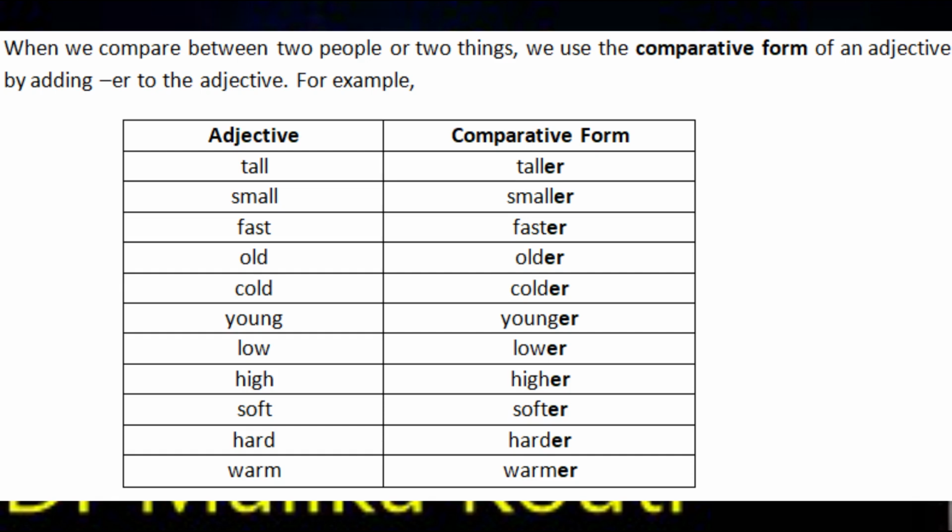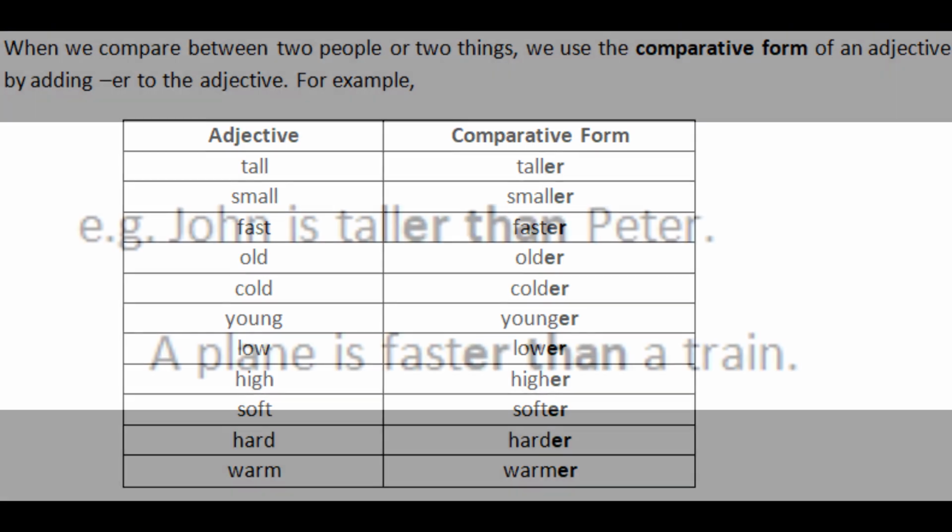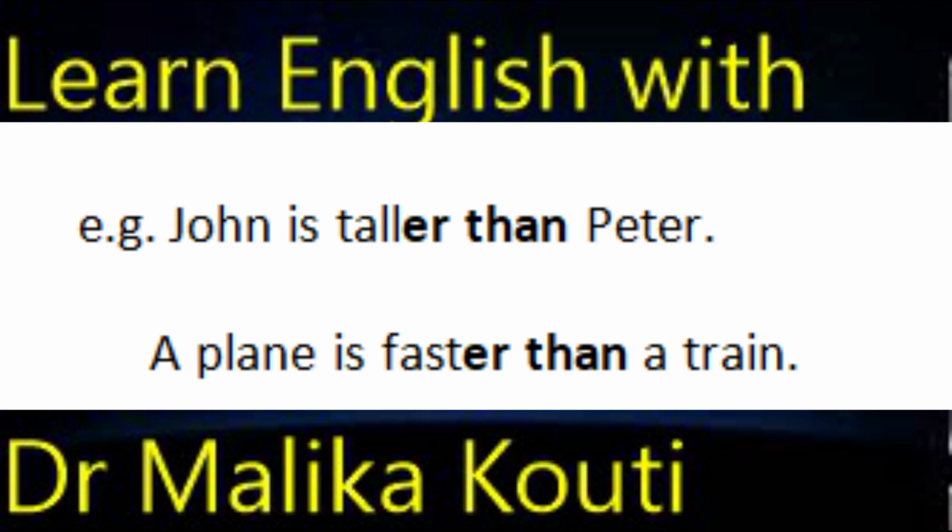Fast, faster. Old, older. Cold, colder. Young, younger. Low, lower. High, higher. Soft, softer. Hard, harder. Warm, warmer. Example, John is taller than Peter. Another example, a plane is faster than a train.